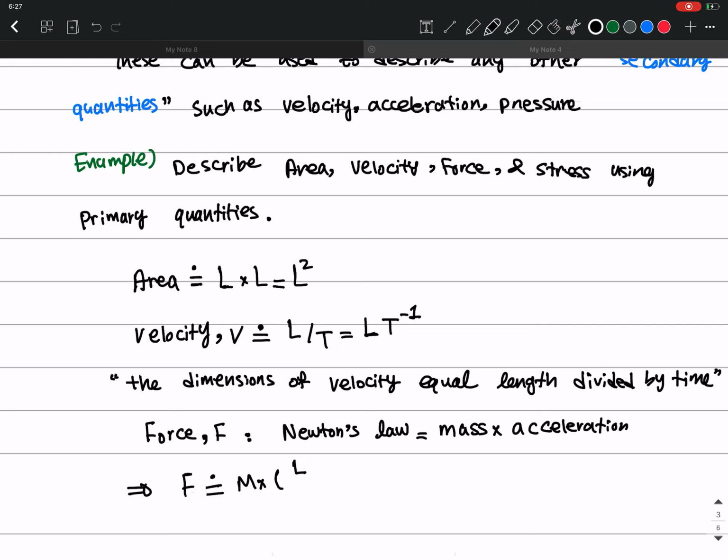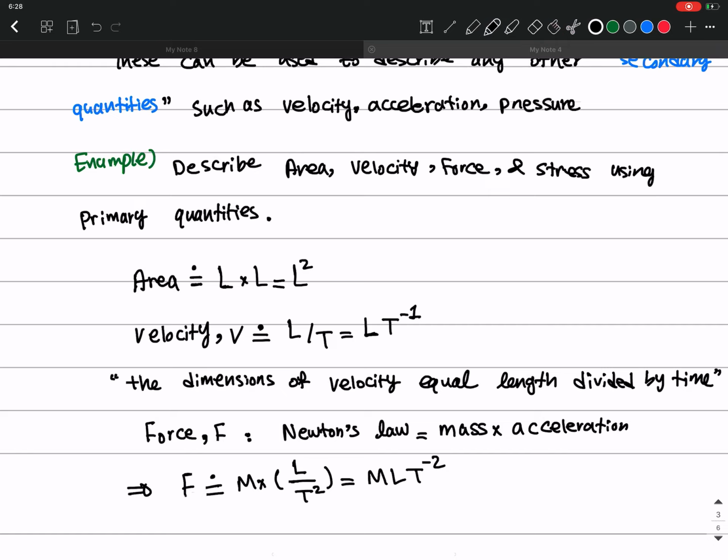So we can show it with M L T minus 2. This is the dimension of force, which is a secondary quantity.